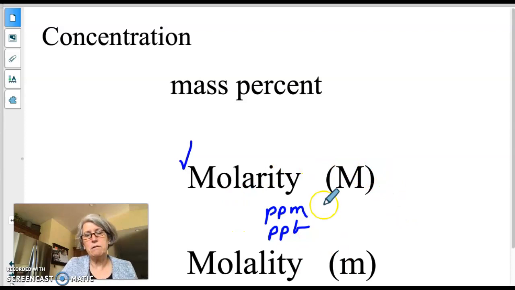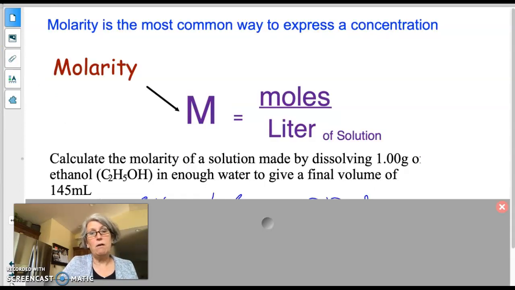Those are typical units of measure of concentration. What that stands for is parts per million. So that would mean you have 1 part of the solute for every million parts of water, or 1 part of the solute for every billion parts of water. So those are typical concentrations as well.